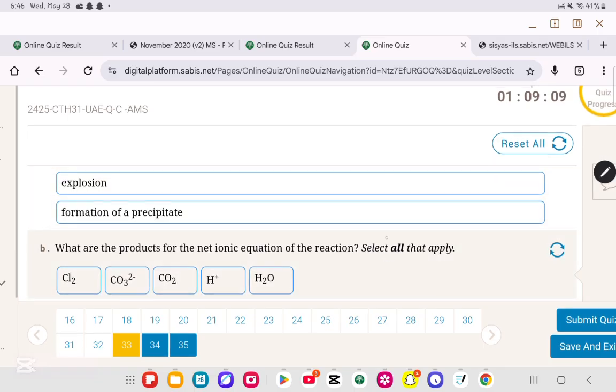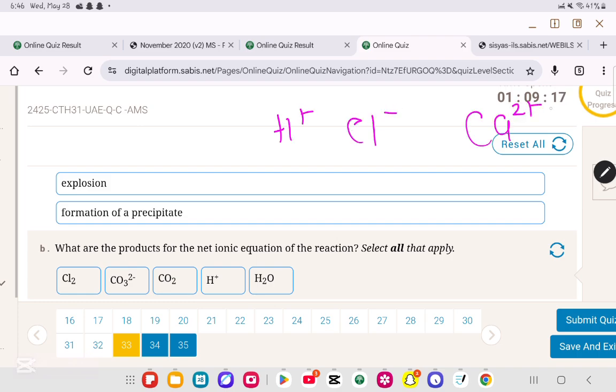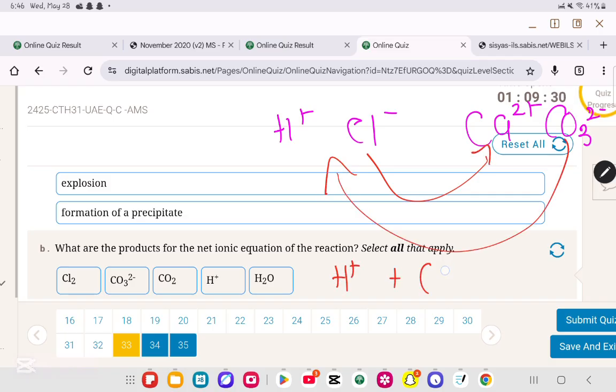Now, what is the net ionic equation of the reaction? You're going to take the ions, so you have H+, Cl-, Ca2+, and CO3. Okay? Now, what's going to happen is you're going to switch the ions, so H+ will react with CO3, and then Ca2+ will react with Cl-.